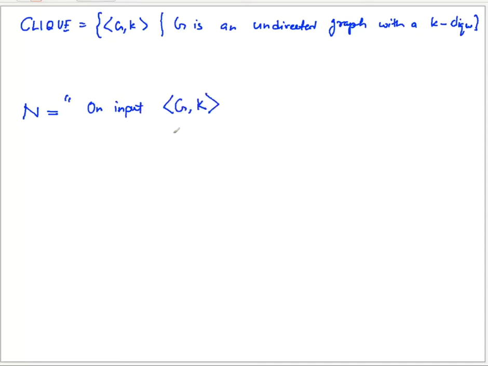G is a graph, an undirected graph we are talking about, and k is a number, and we have to find if there is any set of k vertices that forms a clique, right? Okay, what will be the first step? The first step will be non-deterministic selection.